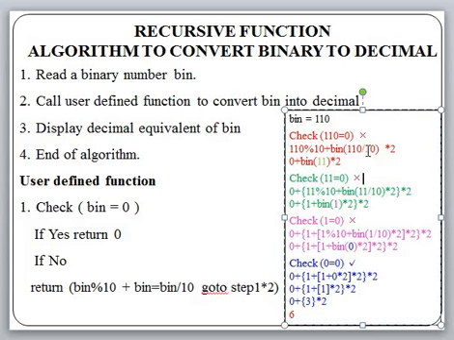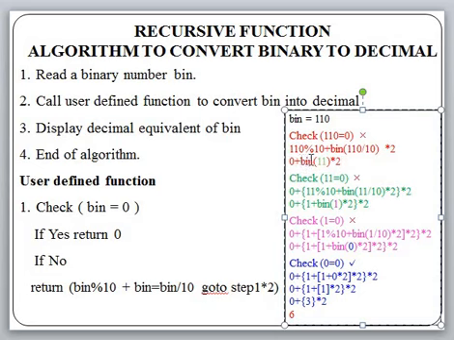Because out of these 3 digits we have to remove 1 digit and the remaining 2 digits must be converted into the decimal number. So 110 divided by 10 gives 11. Then we have to multiply it by 2, since in the process of converting we multiply by 2 to get the binary equivalent.